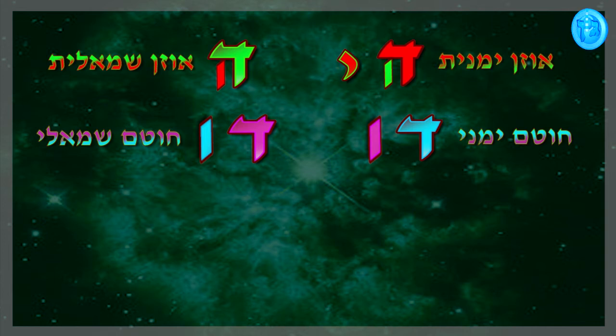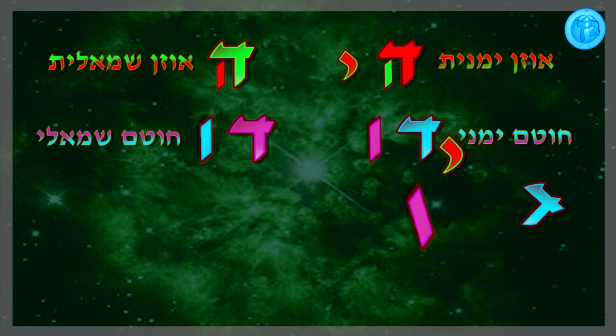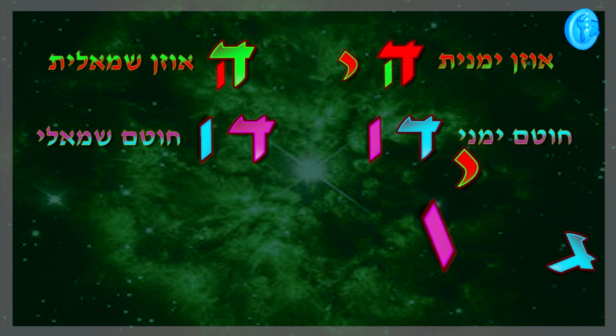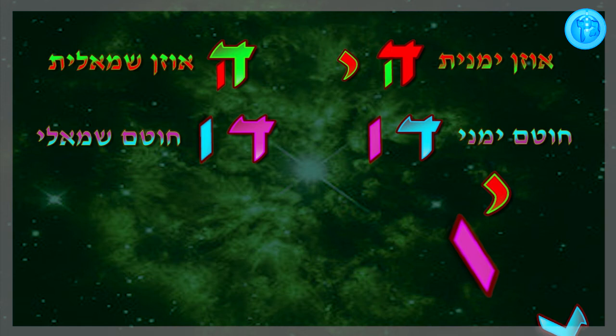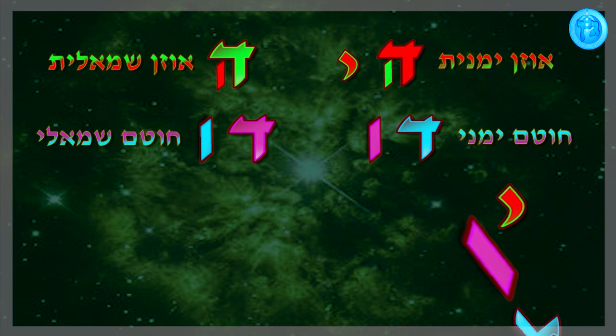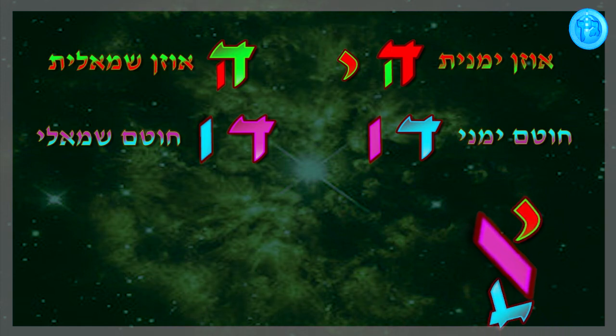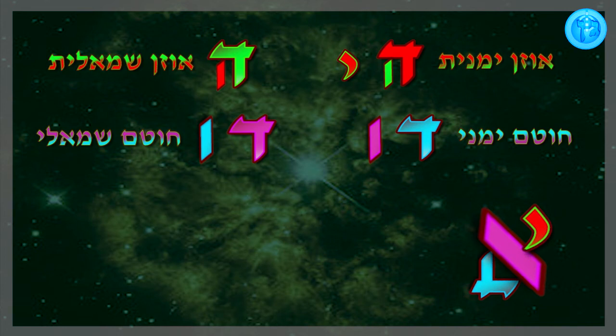Now we'll combine this hidden letter Yod with the 2 individual letters in the light of the right nostril, i.e., with the letter Vav and with the letter Dalet. What do we get? The Arizal tells us that these 3 letters, Yod, Vav, and Dalet, together make up the shape of the letter Aleph.